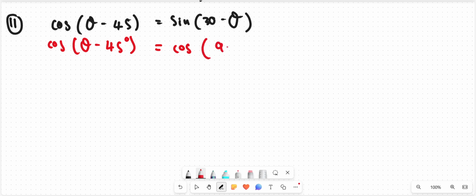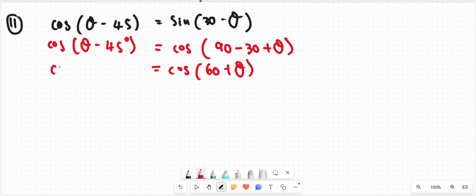Remember, it's 90 minus the angle that's already there, so 90 minus 30, but plus theta degrees. And if I just simplify that slightly, it's a cos of 60 plus theta, and this side is a cos of theta minus 45.